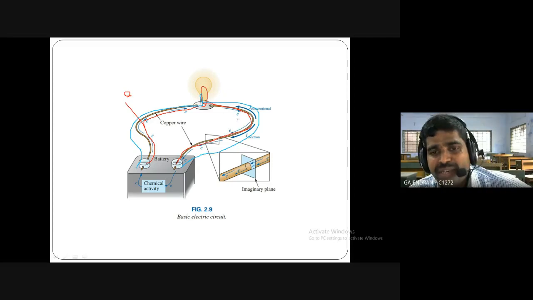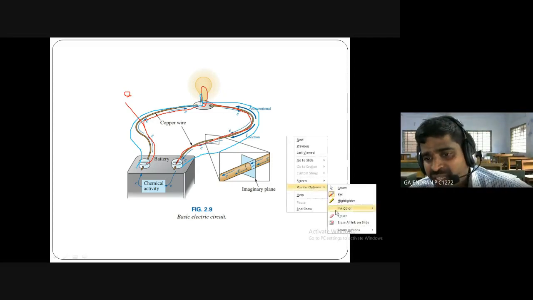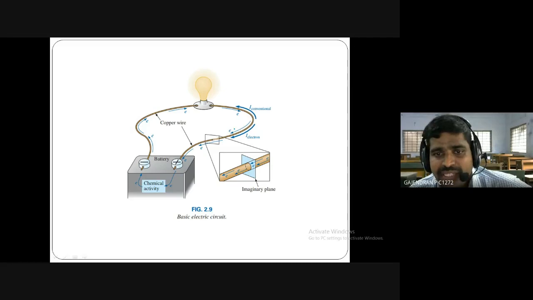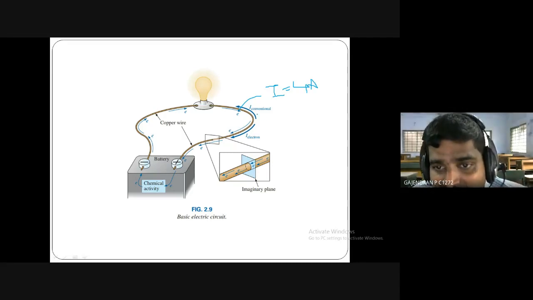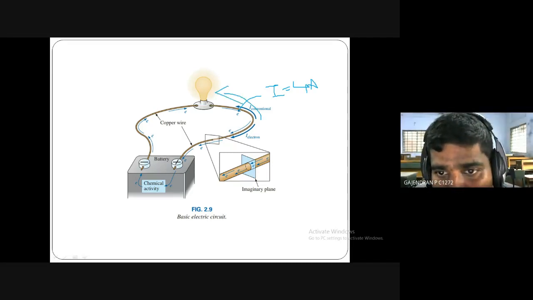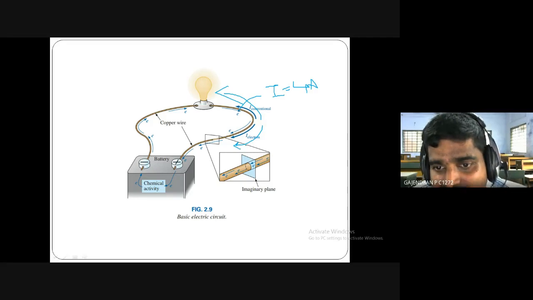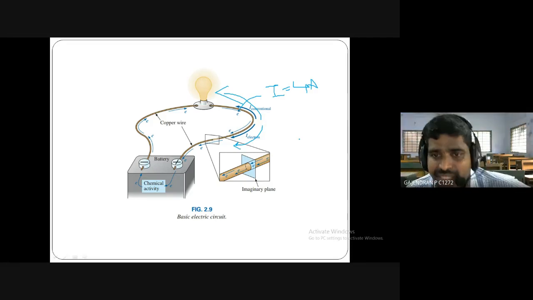Why these two differences? See, in both cases, the value of the current remains the same. For example, 4 ampere means 4 ampere. But conventional direction means this way, electron flow means the opposite direction. That's all. So current is a vector quantity.